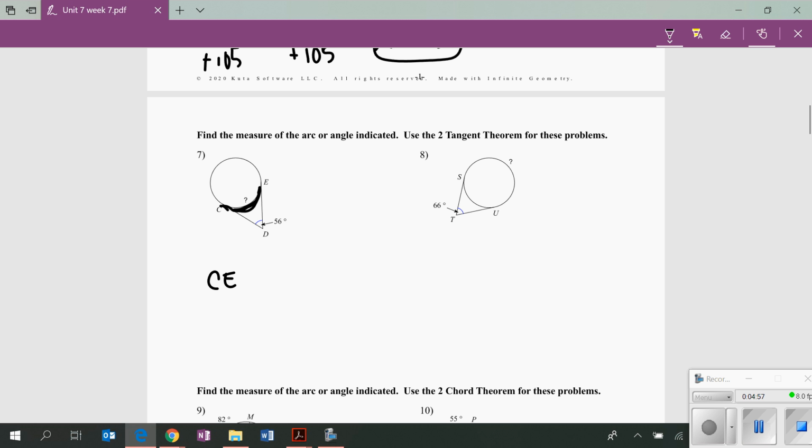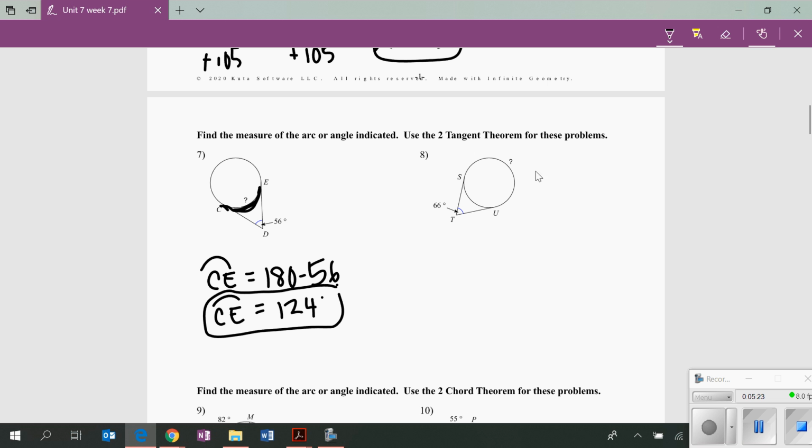Arc CE is equal to 180 minus 56. Super easy. So CE is equal to 124 degrees. And you're all set there.